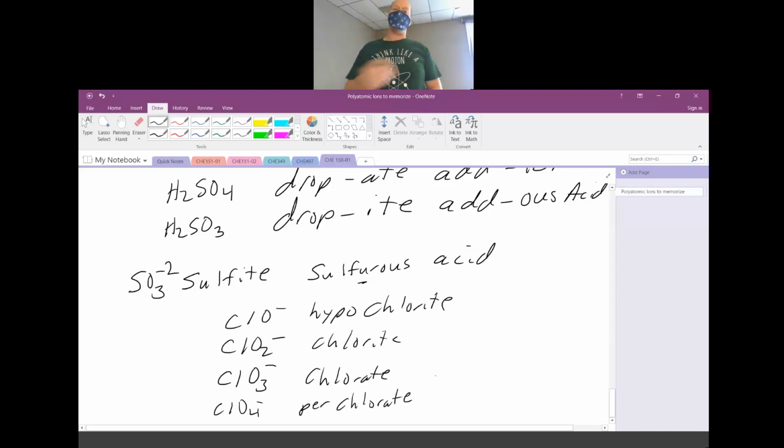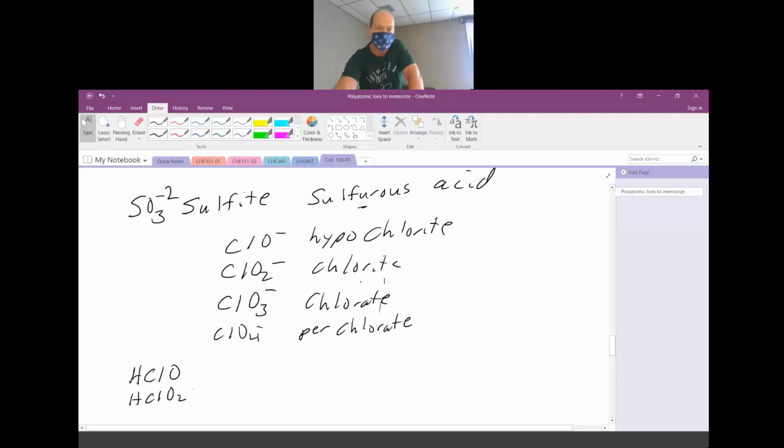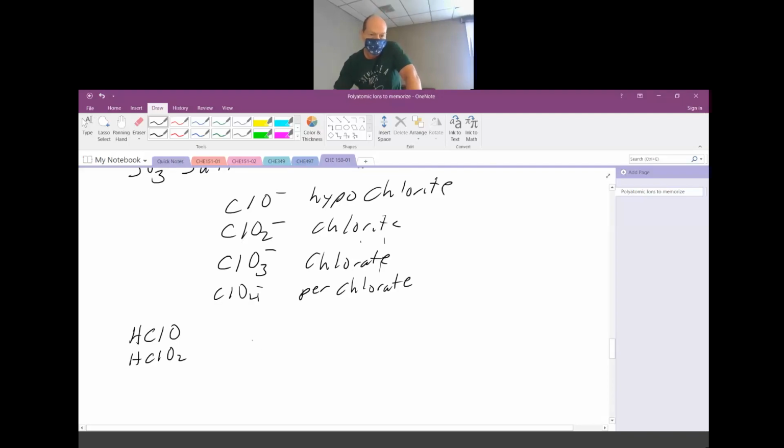Now we can convert all of these into acids and name the acid. All of these are minus 1. To make the acid neutral, we simply need one H. So the acid is simply putting an H in front to make it a neutral compound. These are all ions, not compounds. They have a charge. When we make an acid, all acids are neutral. And so you have your HClO, HClO2, HClO3, and HClO4.